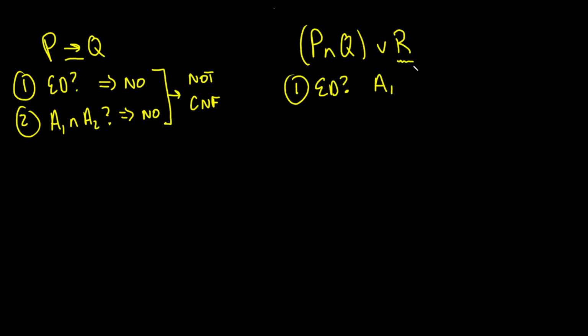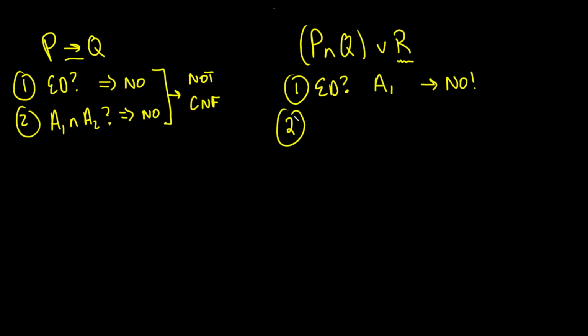This R here is a literal, and it is a disjunction, but notice that it is not a disjunction of literals because we have this P and Q here. It's a disjunction of R and a conjunction. So the answer to this would be no. And so this formula would not be an elementary disjunction.